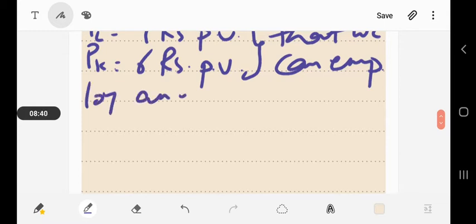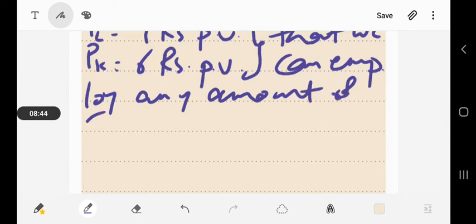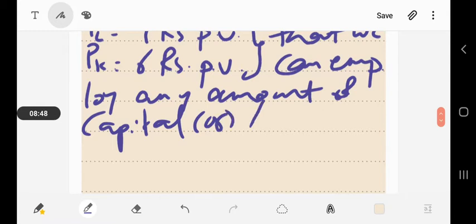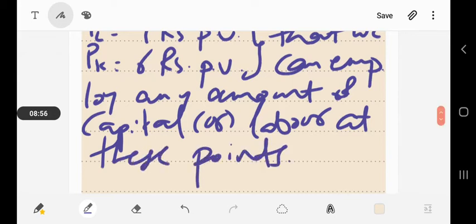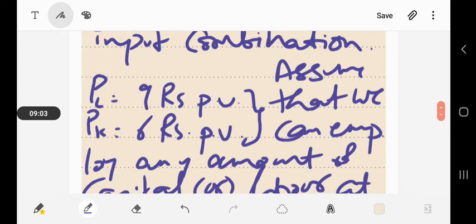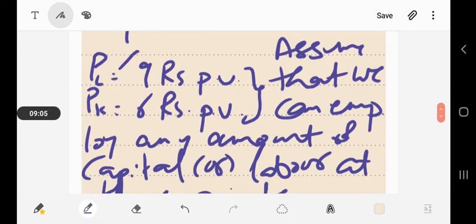Apart from the given things like the price of labor being 9 rupees per unit and the price of capital being 6 rupees per unit, let us assume that we can employ any amount of capital or labor at these prices. The price of the labor and the price of the capital are fixed.